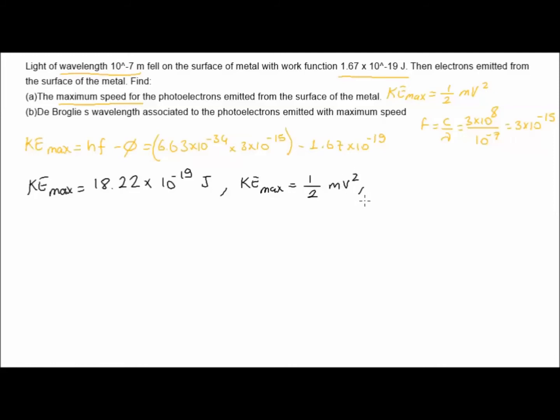And m is the mass of electron, because it says electron, and the mass of electron is constant, and v is the maximum speed of the electron. So 2 Ke max equals mv squared.